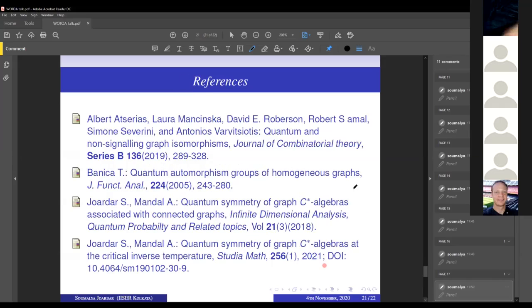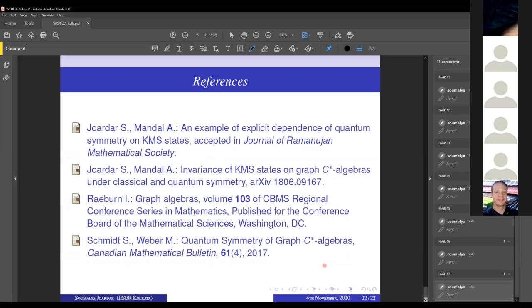So these are some of the future directions one could pursue in this topic. These are the references. This is the reference where they used a game theoretic technique to find quantum vertex transitive but not vertex transitive graphs. That was the first of its kind, which was interesting. From these preprints and papers I have prepared the talk, these three papers in fact, and this preprint.